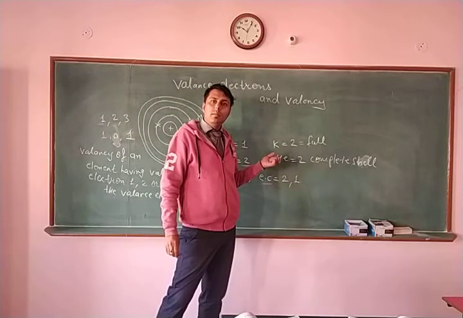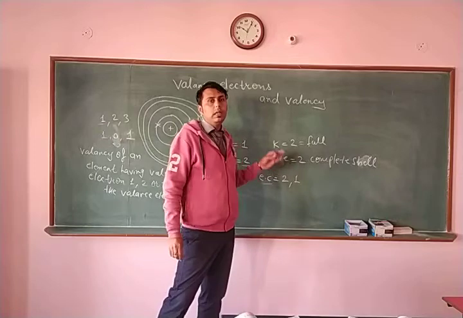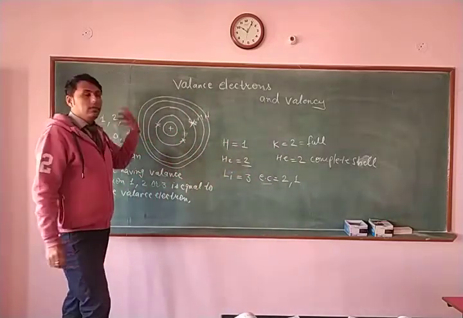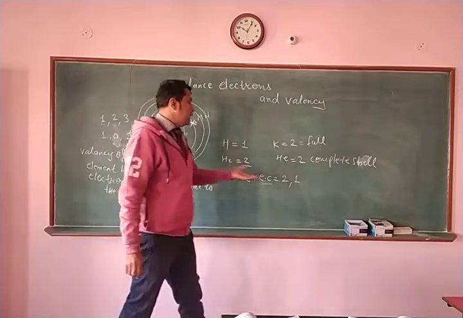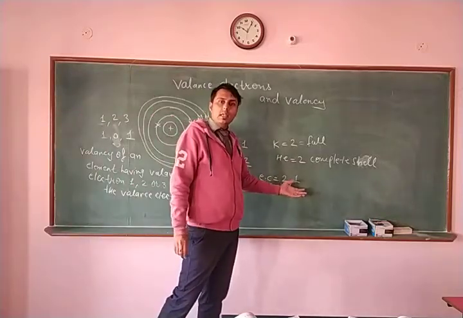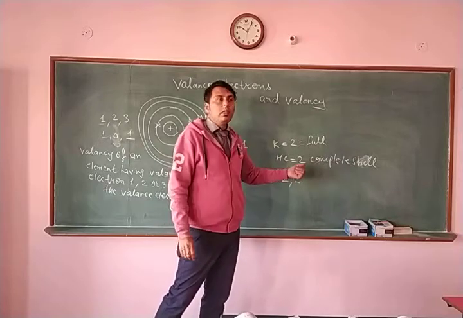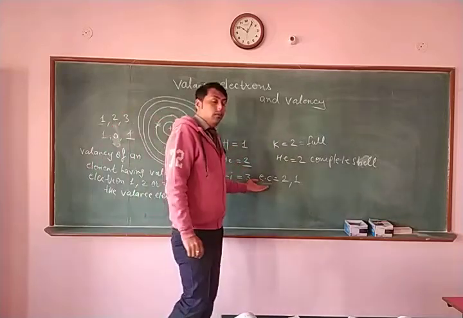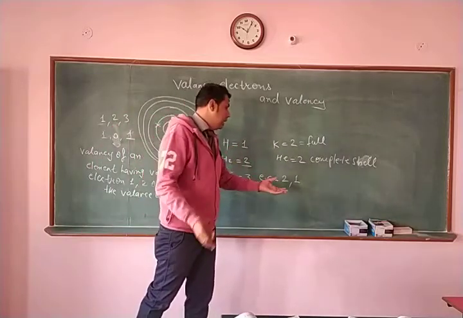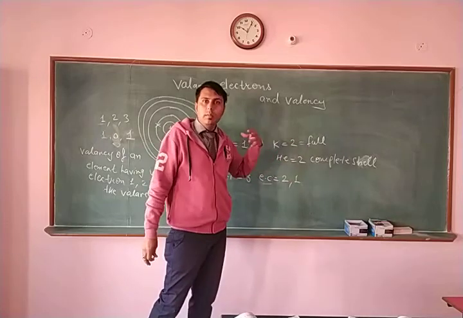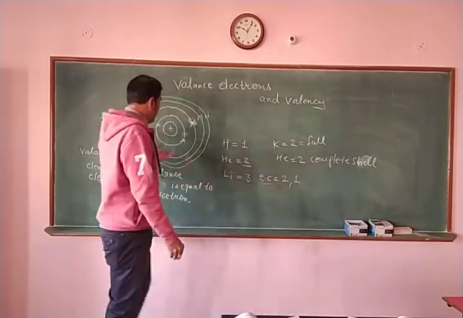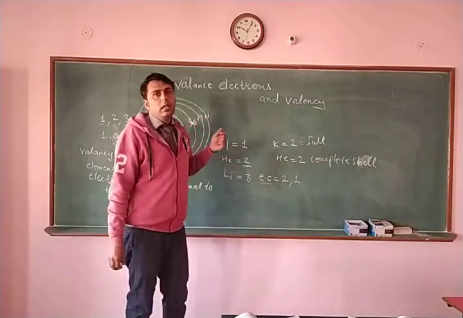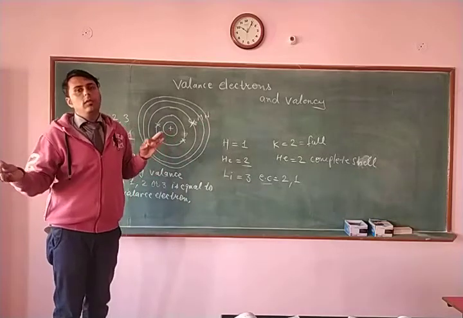It is easy for lithium to lose 1 electron rather than taking 7 electrons from any other element, because the nucleus contains only 3 protons. The number of protons is equal to the number of electrons.